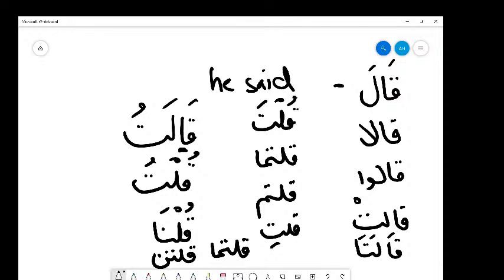So the only time you will be using qala is in third person, past tense. Qala, qala, qalu, qalat, qalata. That's it. So up till qalata, and then after that, from qulna, from here on out, it's qul.